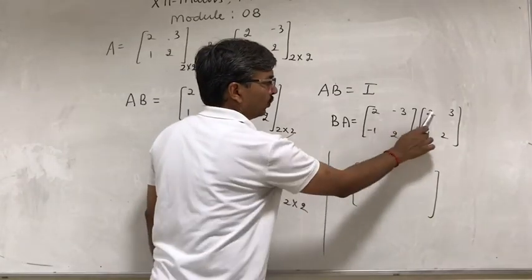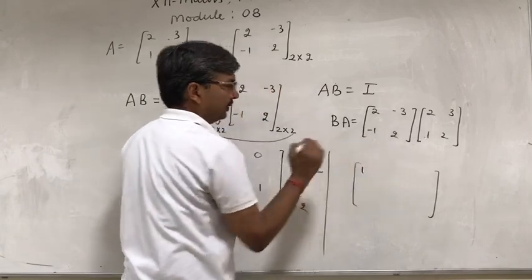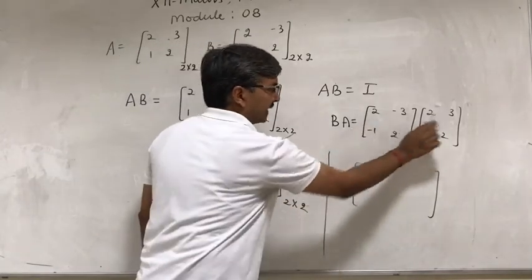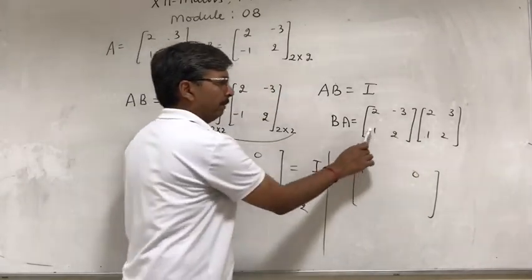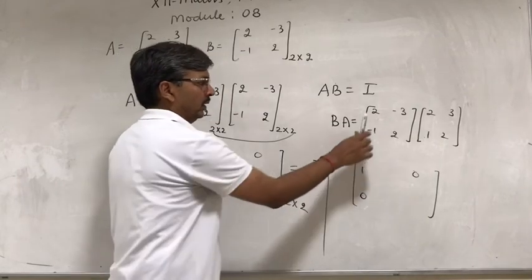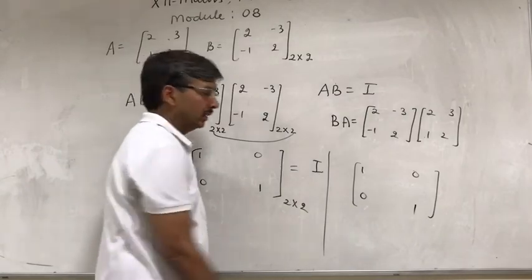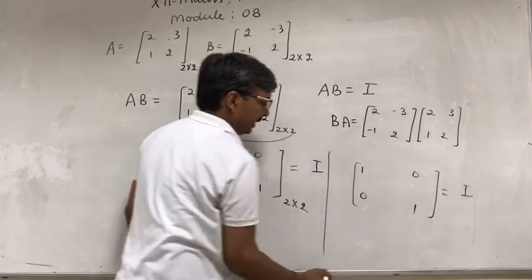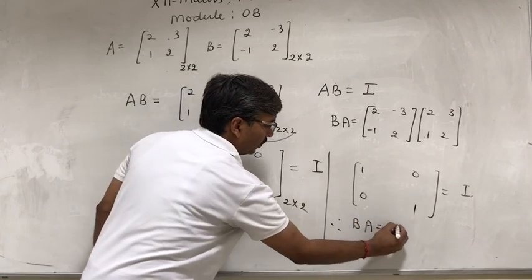A11: 2 into 2, 4, and 3 into 1, minus 3, 1. 2 into 3, 6, and minus 6, 0. Minus 2 plus 2, 0. Minus 3 plus 4, 1. This is again I. Therefore, we got BA equal to I.